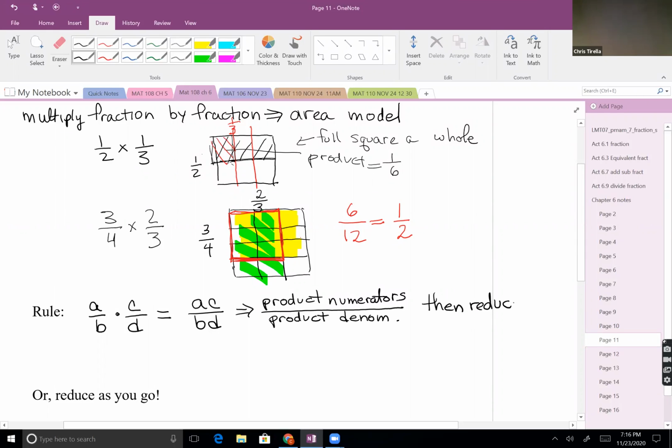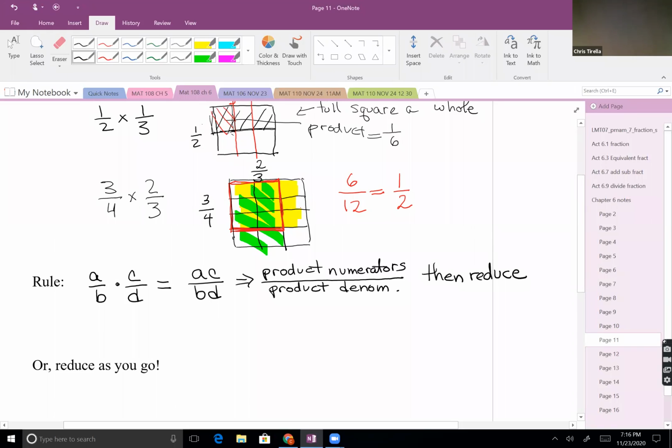And so we were able to show it quite clearly that if one side's divided into fourths and the other side's divided into thirds, it's obvious that I have 12 blocks and they would have in common 6 of them.